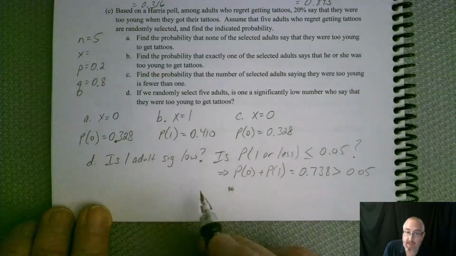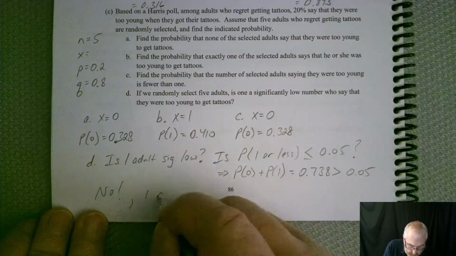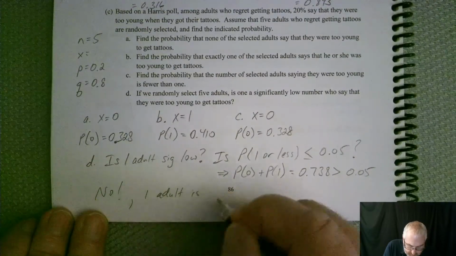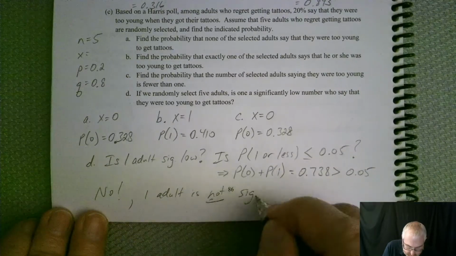So 1 is not. One adult is not significantly low.